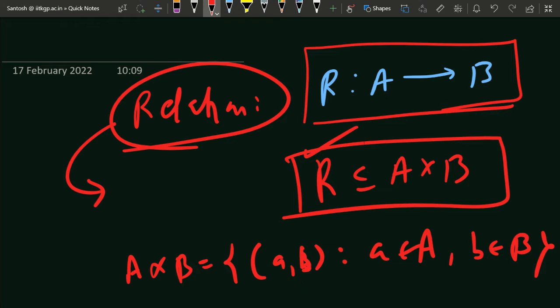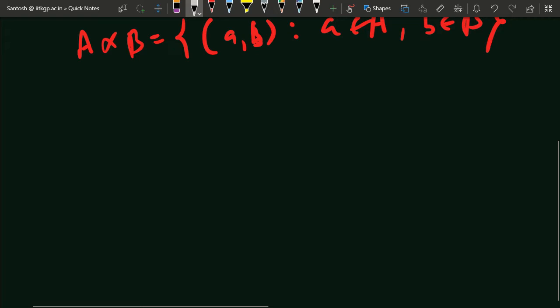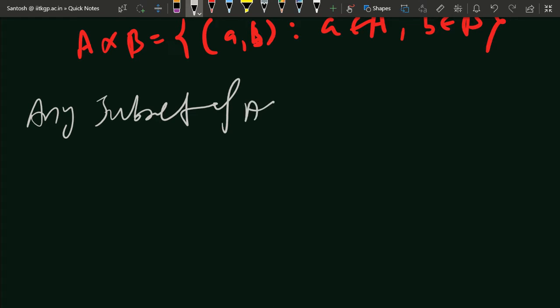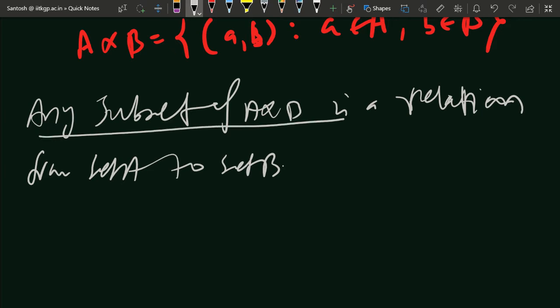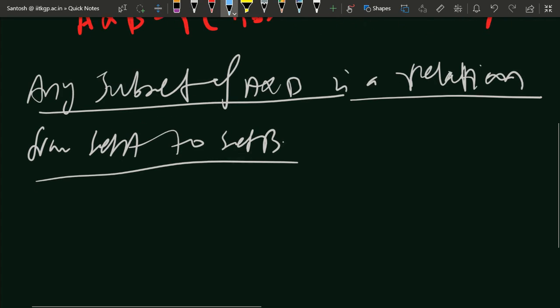So the mathematical definition is: any subset of A cross B is called a relation from set A to set B. This is the definition of relation.